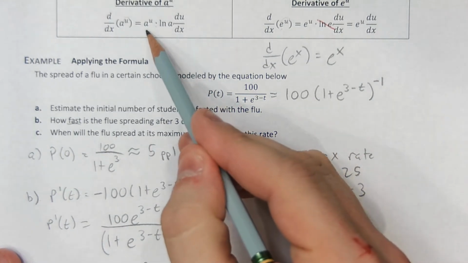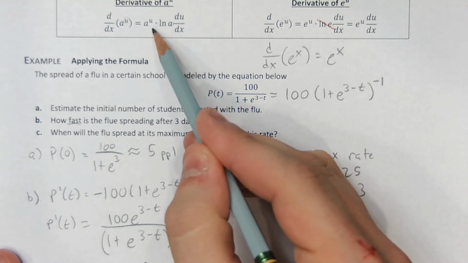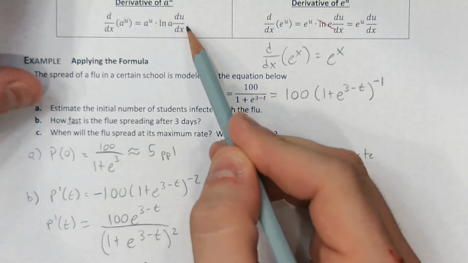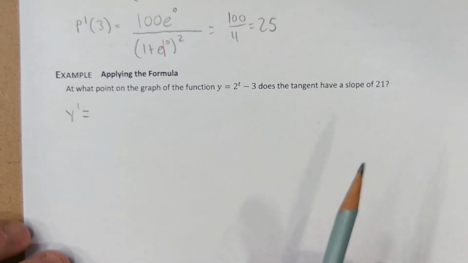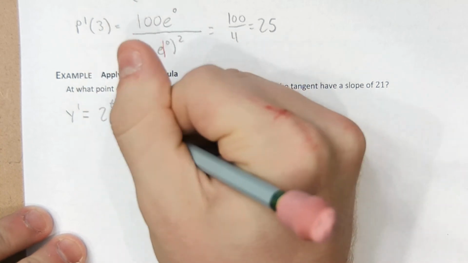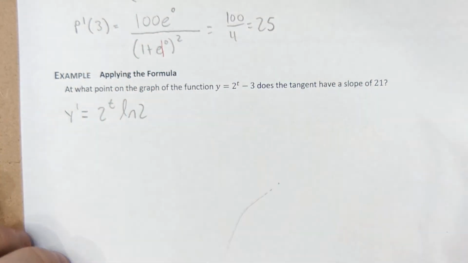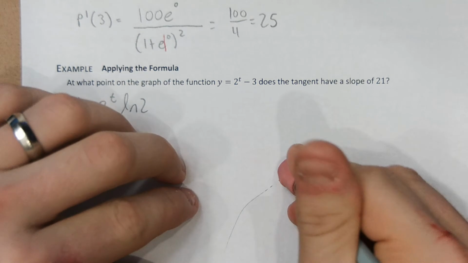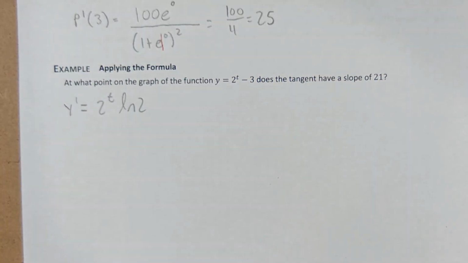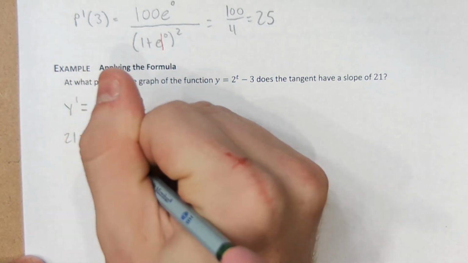You write the original exponential, you multiply by the ln of the base, and then you multiply by the derivative of the exponent. Okay, so write the original, multiply by the ln of the base, and then the derivative of the exponent is 1. All right, there's our first derivative. We want to know where does it equal 21. So set it equal to 21.